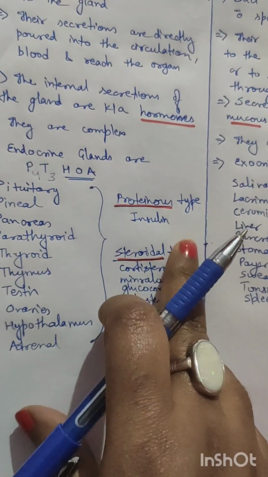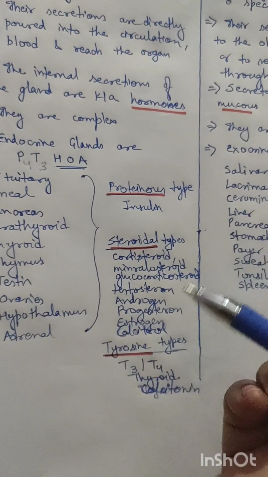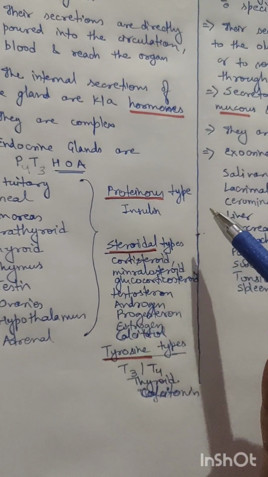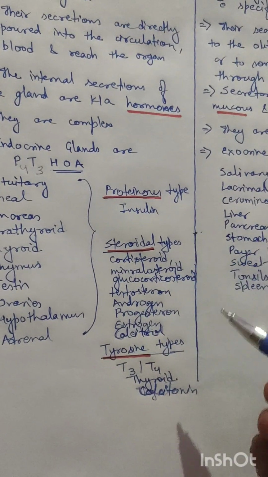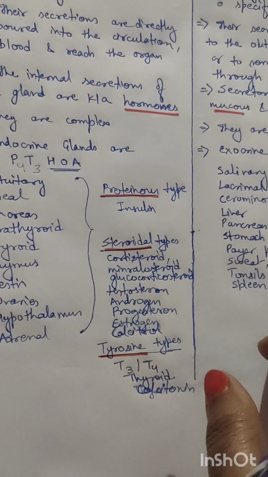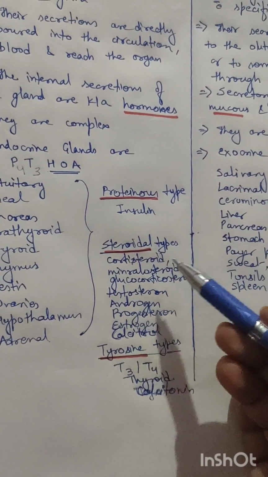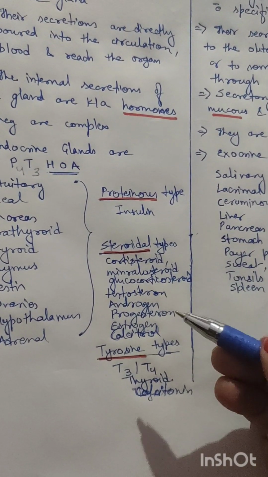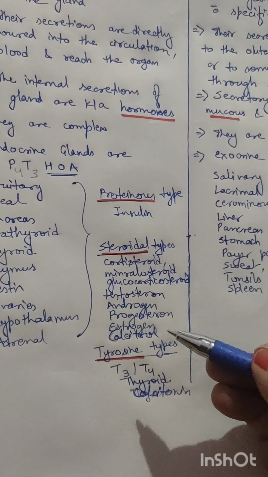And what type of substances do they produce? They produce hormones, which can be divided into 3 types: proteinous, steroidal type and tyrosine type. Proteinous type means amino acids will be present, like insulin. Steroidal type, a steroid ring will be present. Examples are corticosteroids, mineralocorticoids, glucocorticoids, testosterone, androgen, progesterone, estrogens and calcitriol.